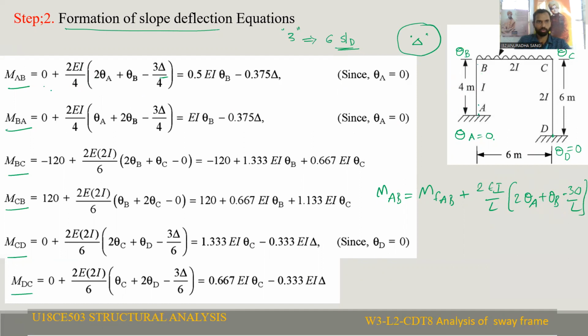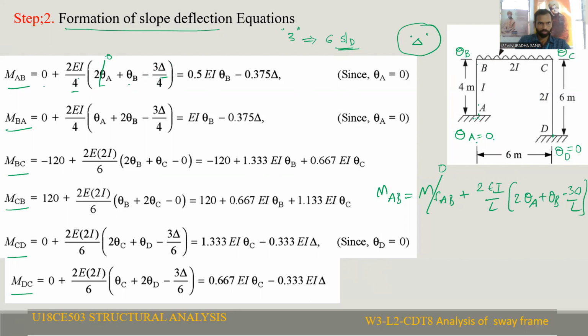The L value is 4, so 2EI by L is substituted. 2 theta A plus theta B minus 3 delta by L. Here theta A is also 0, because A is a fixed support. So theta B minus 3 delta by L.